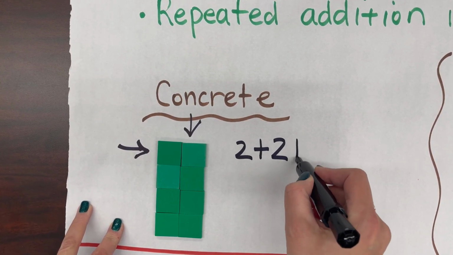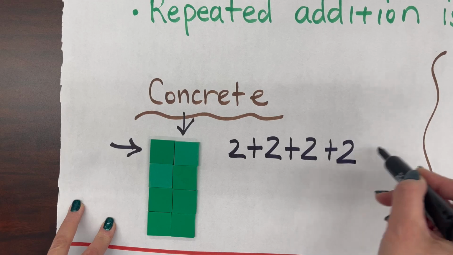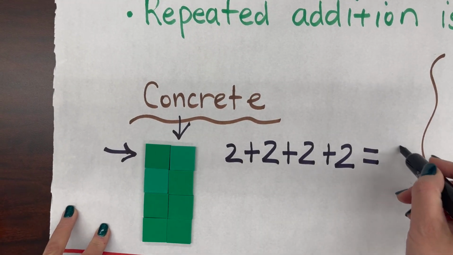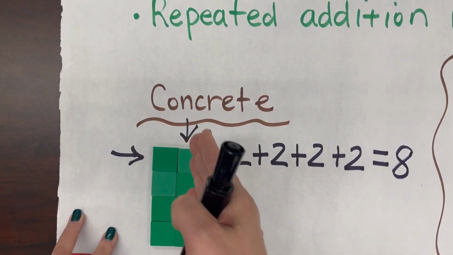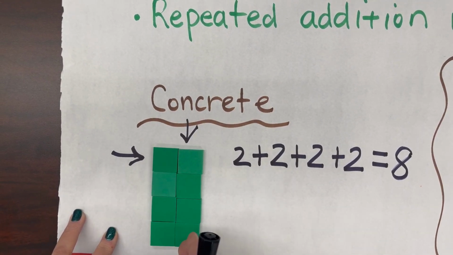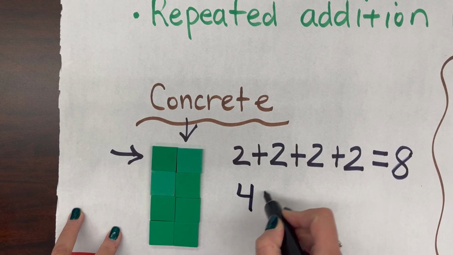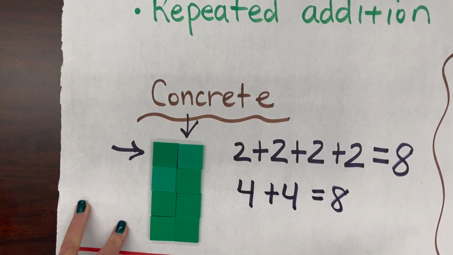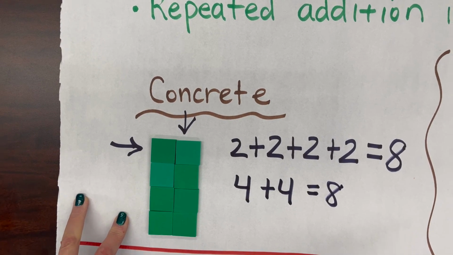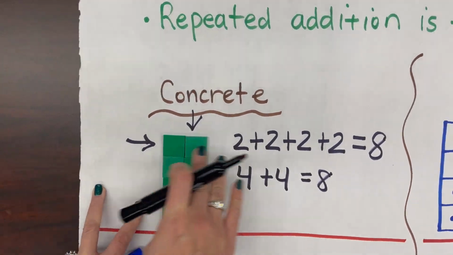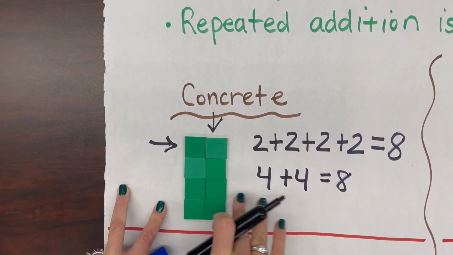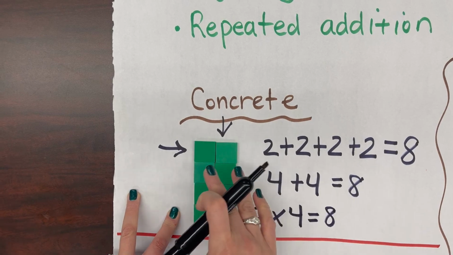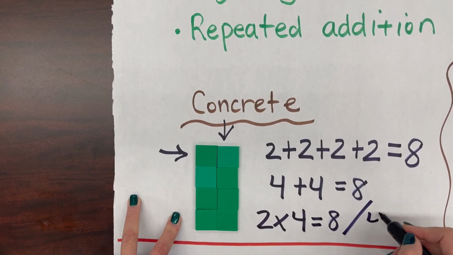And I would count that to equal 2, 4, 6, 8. If I wanted to go column-wise, I would count 4 plus 4 is equal to 8. And to take it one step further, if I'm going to start using beginning multiplication, I could do 2 times 4, 2, 4, 6, 8, or I could do 4 times 2, which works the same way.